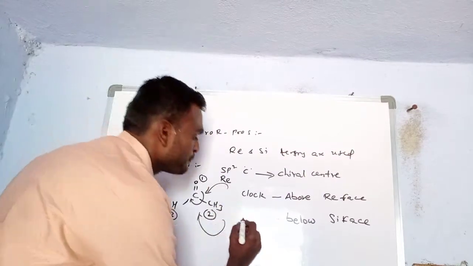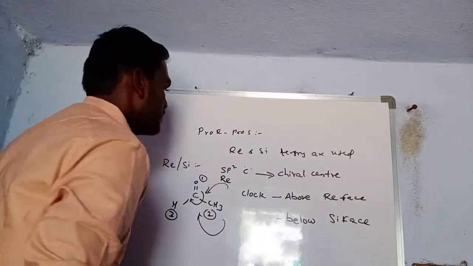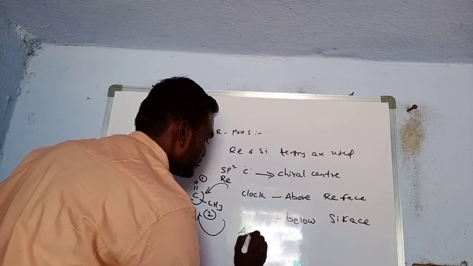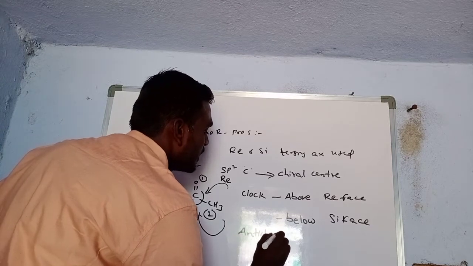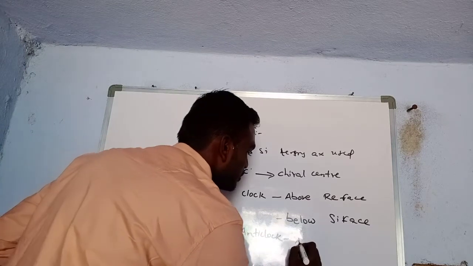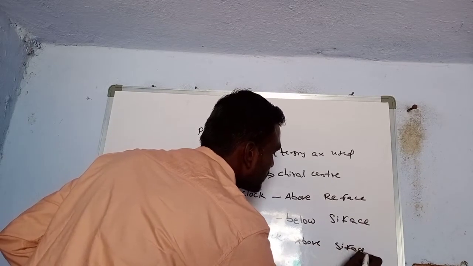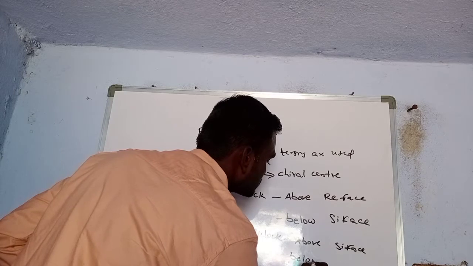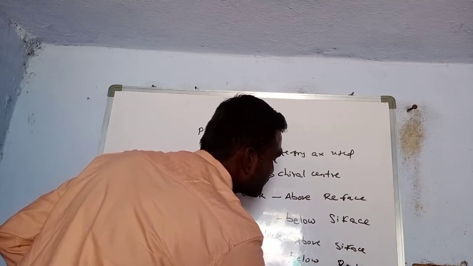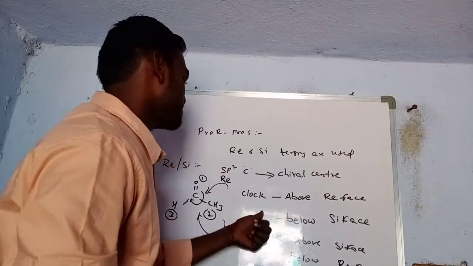In the same way, if the priorities are in an anti-clockwise direction, the above face attack is the Si face and the below attack is the Re face, which is the reverse of this one.